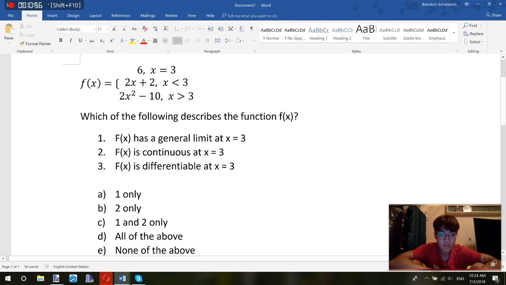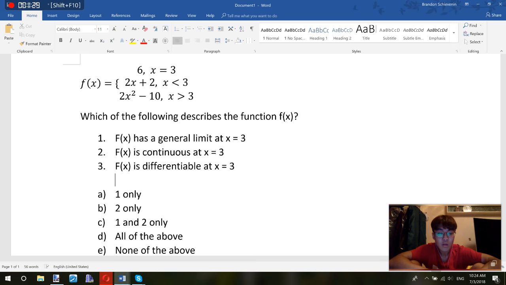Okay, so if I wanted to do this, how could I find out whether or not we have a general limit? So what has to be true? The point you're meeting from the left should equal the right. Right. So if I plug in something to the left of 3, which of these equations do I need to use? The top, the middle, or the bottom? The second one.